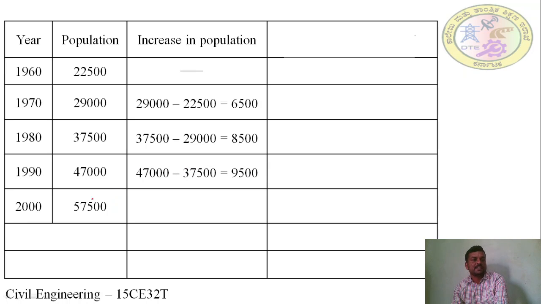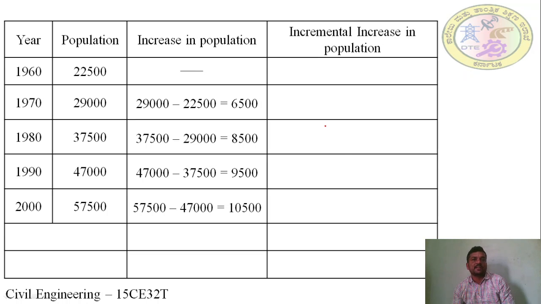Similarly, the increase in population for the year 2000 is the population in 2000 minus the population in 1990, that is 10,500.